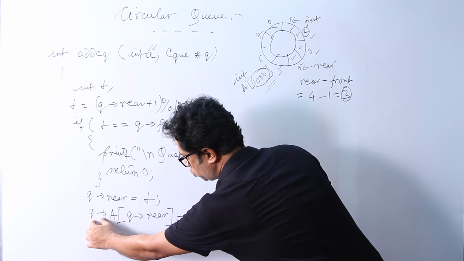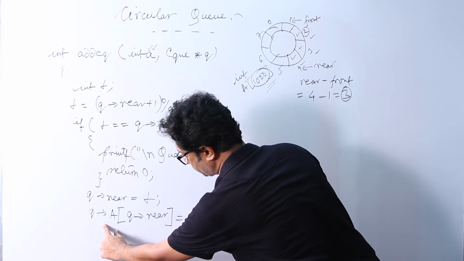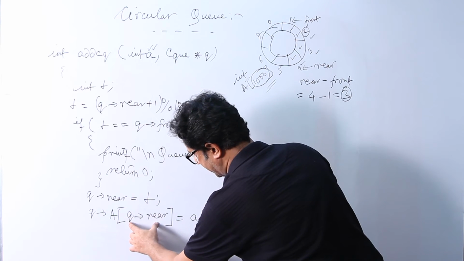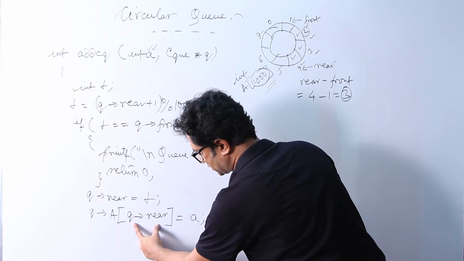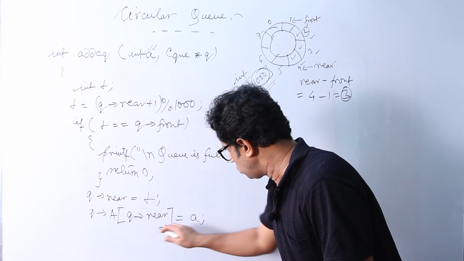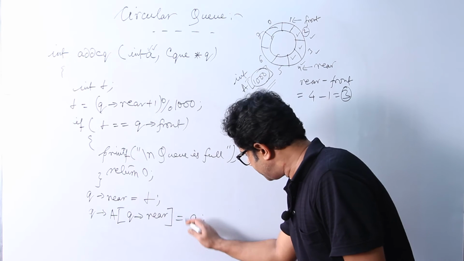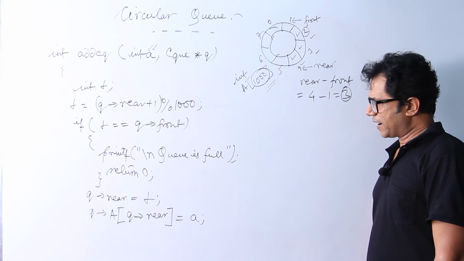So, q arrow a means we are holding the array which is part of the q data structure. Into that we are writing at the index position given by q rear. So, q rear is equal to a makes us add this element a into the rear position of the q during the addition process.